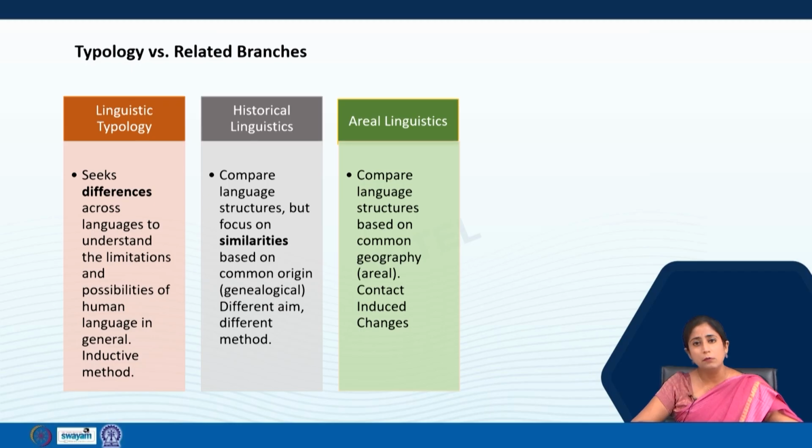So we can also talk about contact induced changes in areal linguistics. Though in linguistic typology we also work with historical linguistics and areal linguistics, the main focus of linguistic typology is to look for language universals, those common parameters which govern all the languages.